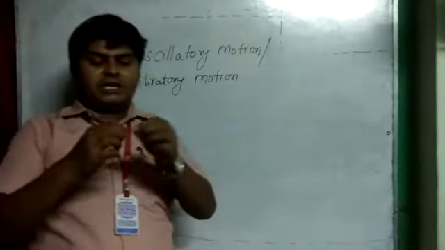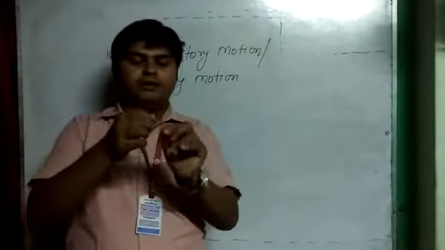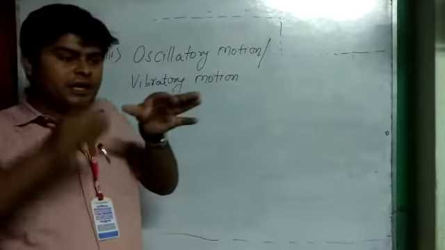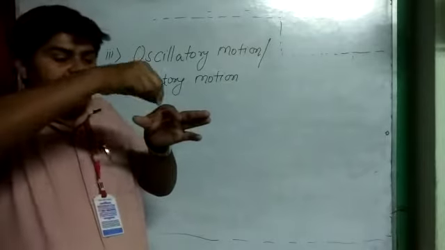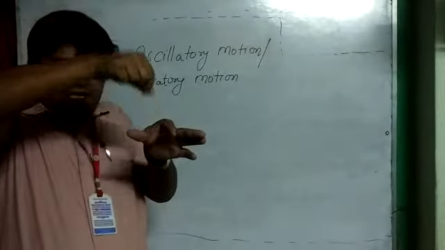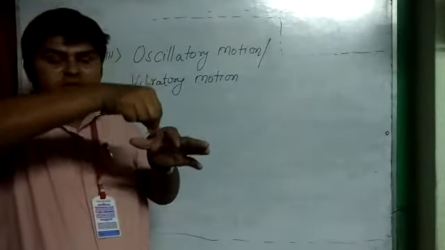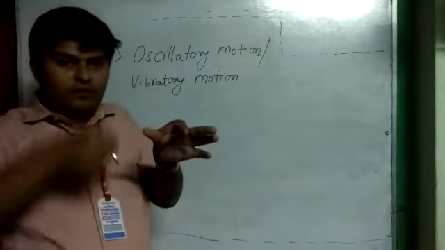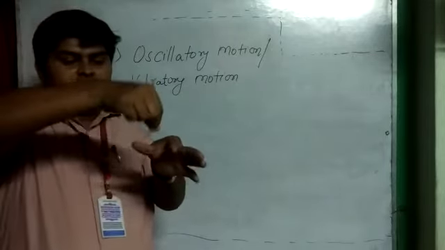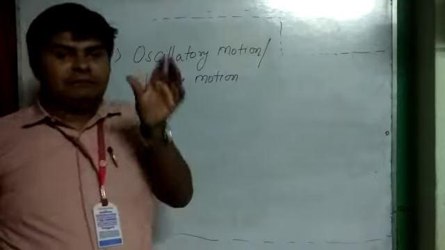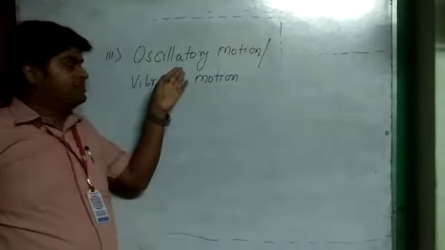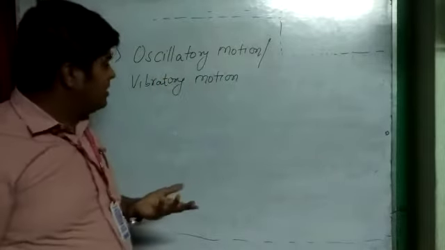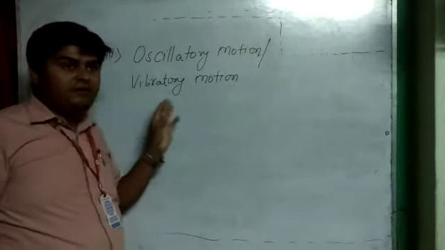As for example, suppose you take a rubber band. This is its mean position, and if you pluck the rubber band, it vibrates from its mean position to and fro, that means upward then downward. So this is an example of vibratory or oscillatory motion. Another example you have seen is the pendulum in a wall clock.